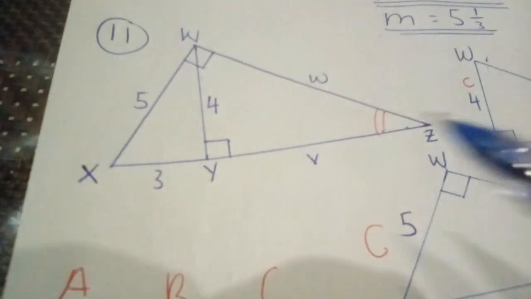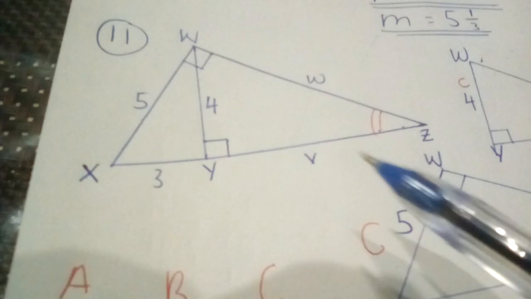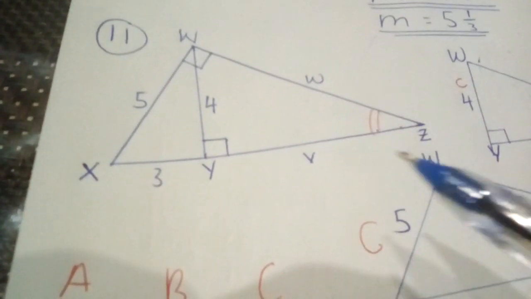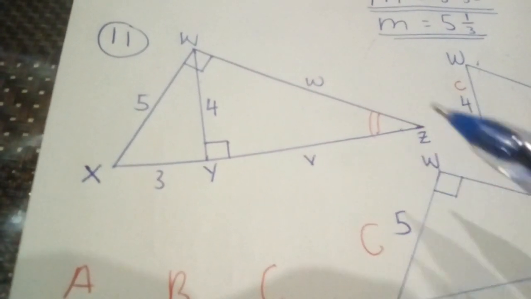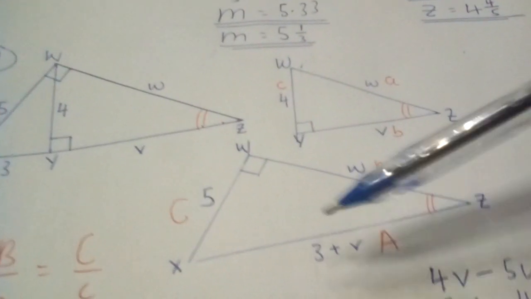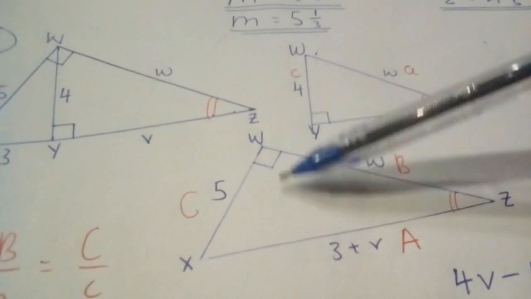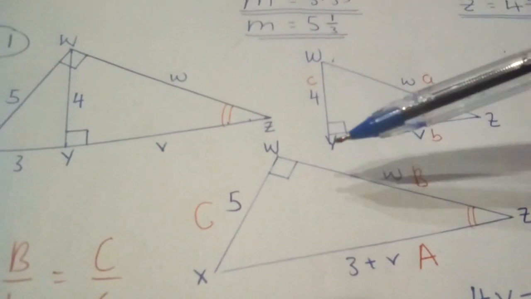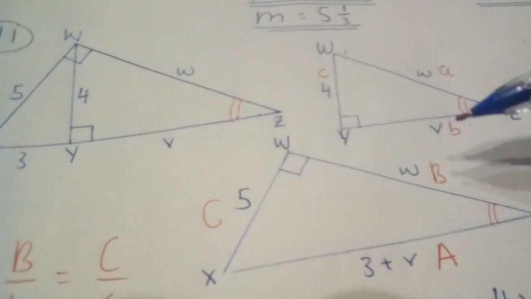But remember, the whole shape and this small triangle, they all share the corner at Z. If they both share the corner at Z, we shall mark that corner at Z as our second angle. Hence, when we split the two triangles, you do realize WXZ has a 90 in that shared angle, and also WYZ has a 90 in that shared angle.